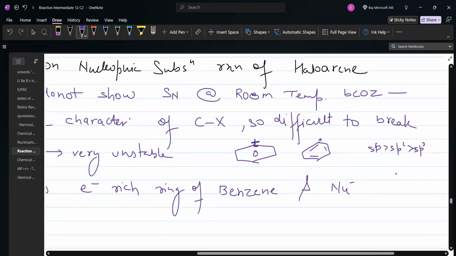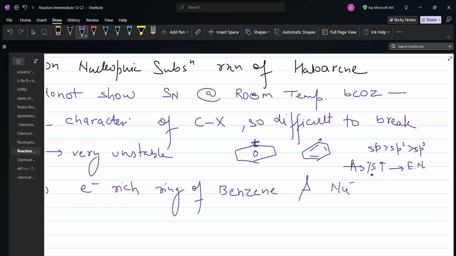There is one more statement you can understand. As percentage s-character increases, electronegativity increases. This is a statement you may have heard in chemical bonding in class 11th. So here s has 50% character, here s has 33%, and here s is 25%.